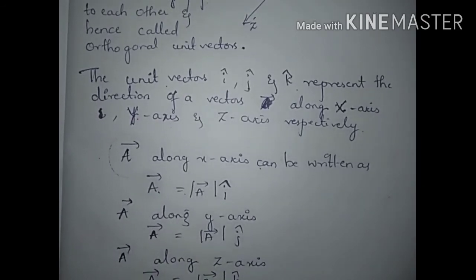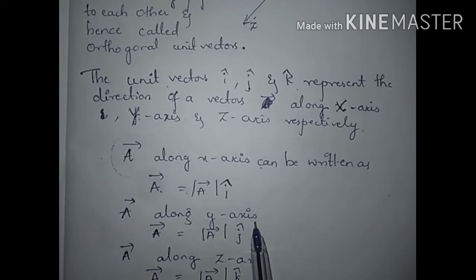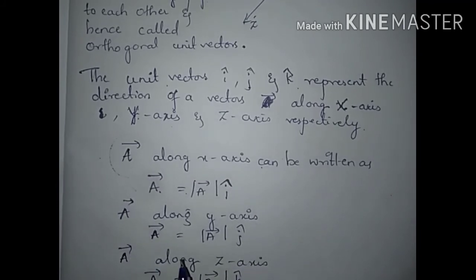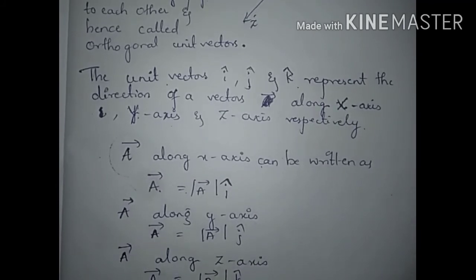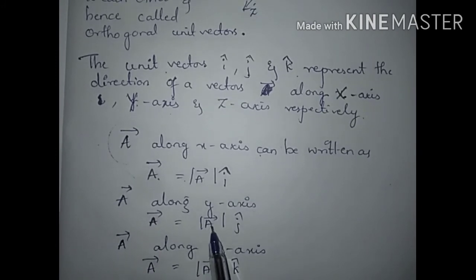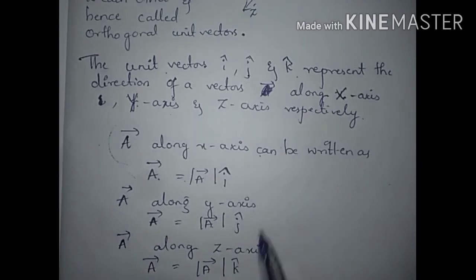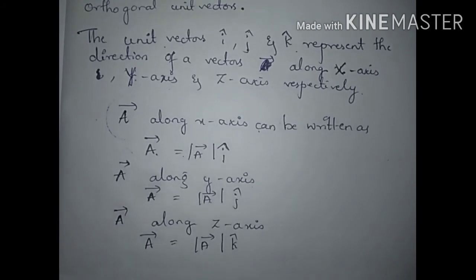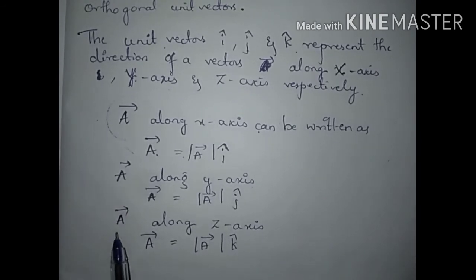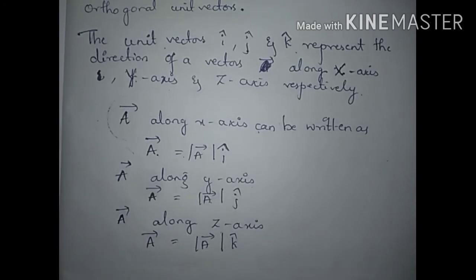Now if vector A is along the y-axis, it can be written as vector A equals magnitude of vector A multiplied by j cap. j cap is again a unit vector along the y-axis. And lastly, for vector A along the z-axis, vector A equals magnitude of vector A multiplied by k cap.